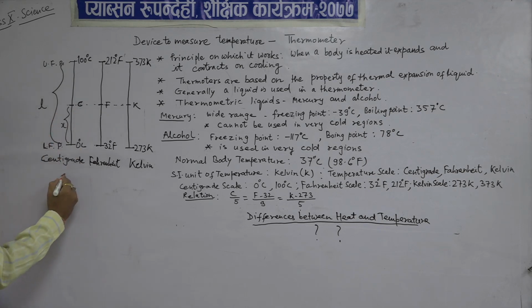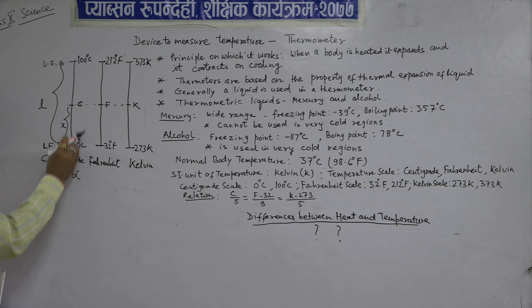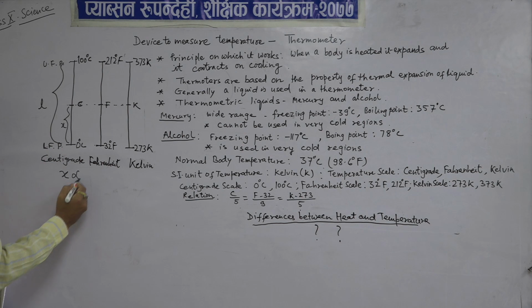x will always be directly proportional to, just look here in the centigrade scale, because it begins from 0, and here is one reading C, so x will equal C minus 0.